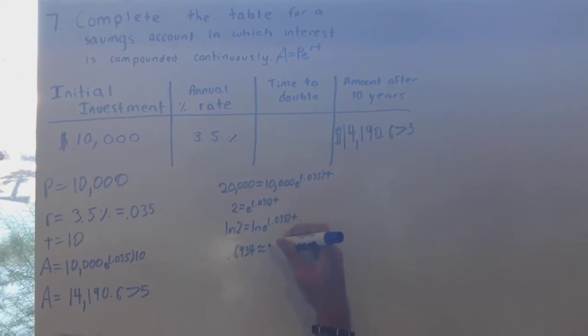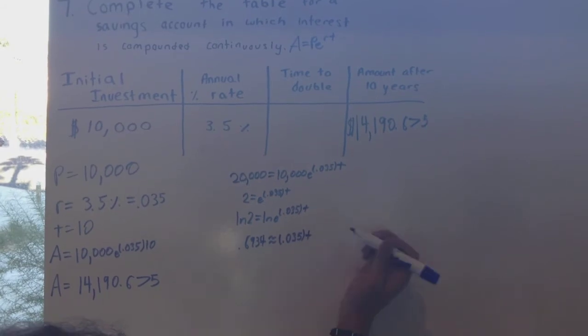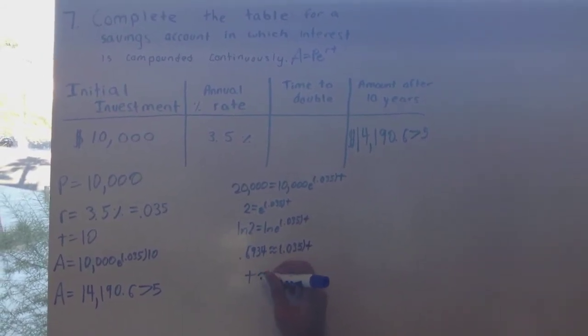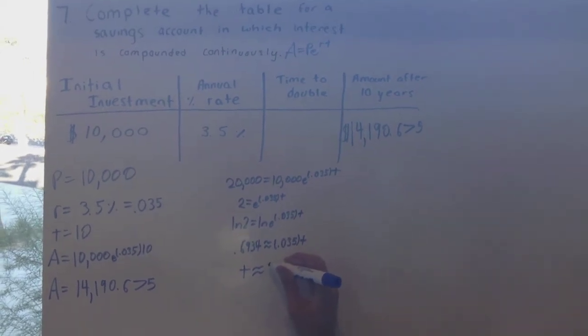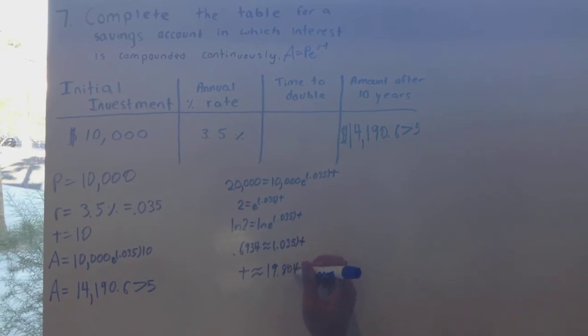After that, you would divide both sides by 0.035, giving you your answer, which is x equals 19.804 for the time.